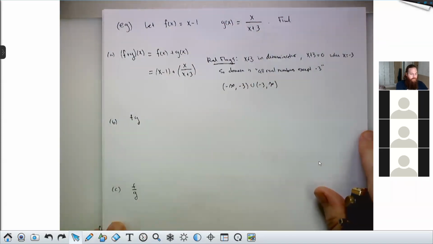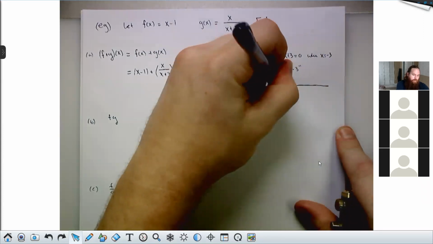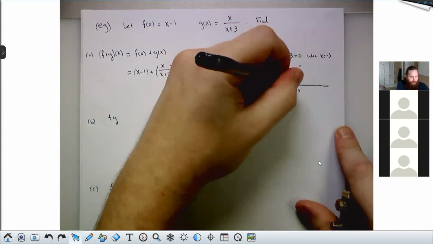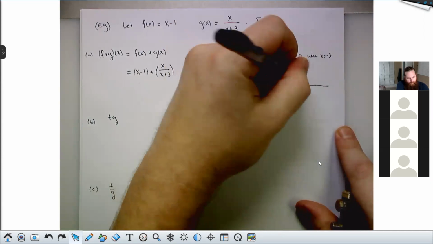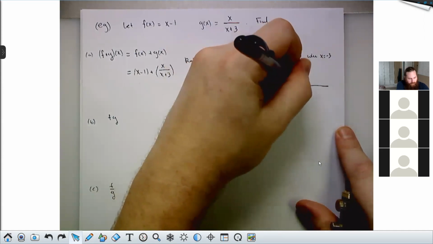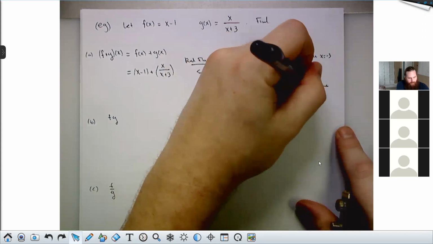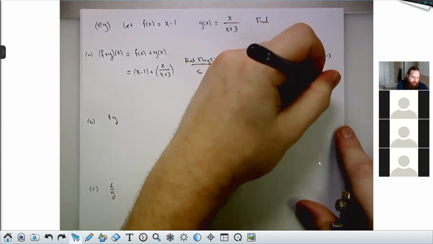And again, sketching these is a really good idea. If you want to make sure you did it right, draw your number line. Here's negative 3. I'm allowed to be anything but that. So that's everything to the left of negative 3 and everything to the right of negative 3, but not negative 3 itself.